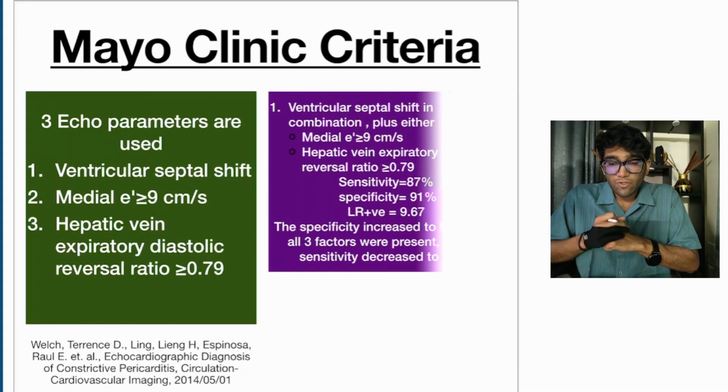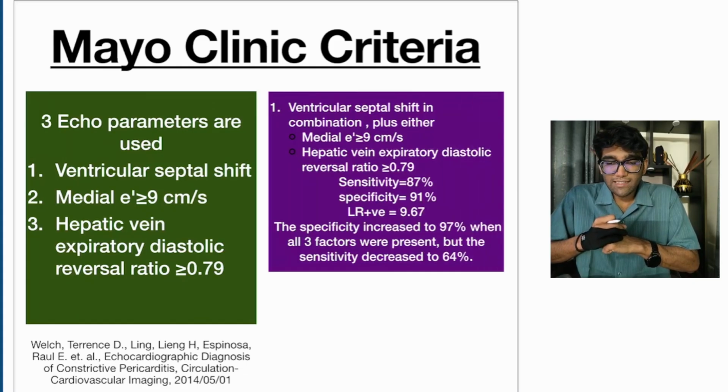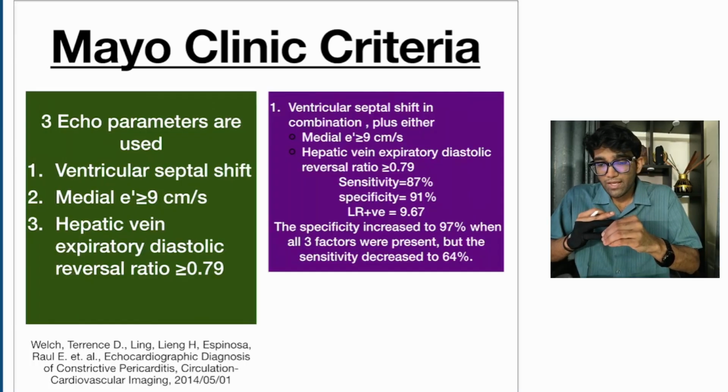Okay, so the criteria suggested were that if you have a ventricular septal shift indicating ventricular interdependence, and either one of the other 2 findings, you have a sensitivity of 87% and a specificity of 91%, resulting in a positive likelihood ratio of almost 9.7.